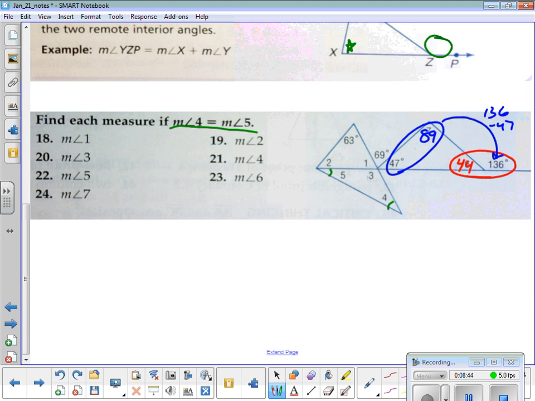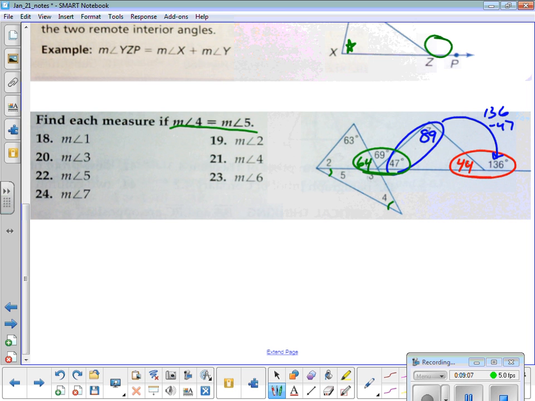Now, let's go to the next set. The next set of problems I see are right here. I've got the angle 1, the 69 degrees, and the 47 degrees, all equaling a straight line. So together they have to add up to 180. If I take 180 and subtract 69 and subtract 47, I get 64 degrees.